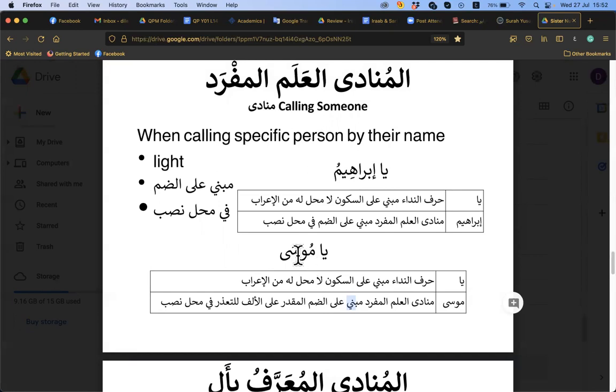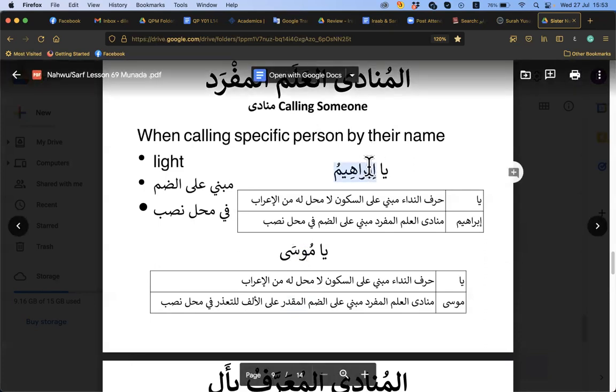But we cannot call this marfu. We still have to say it's mabni ala dham muqaddar and then fi mahali nasab still. Good point. Don't be confused. For ya Musa, cannot say marfu.